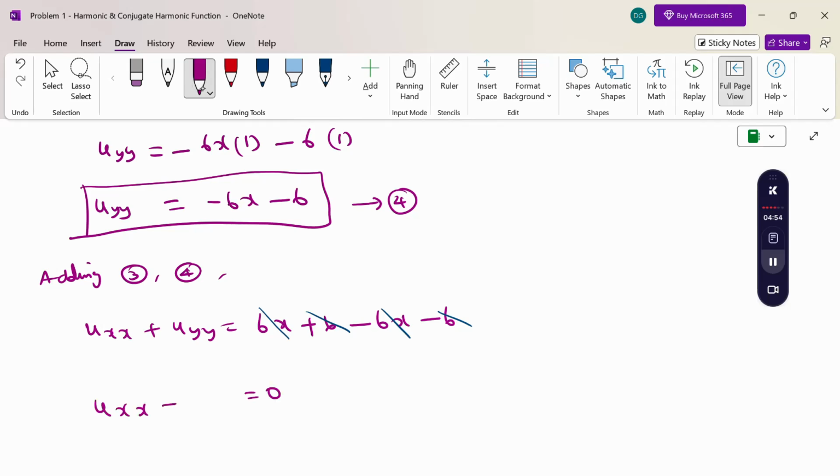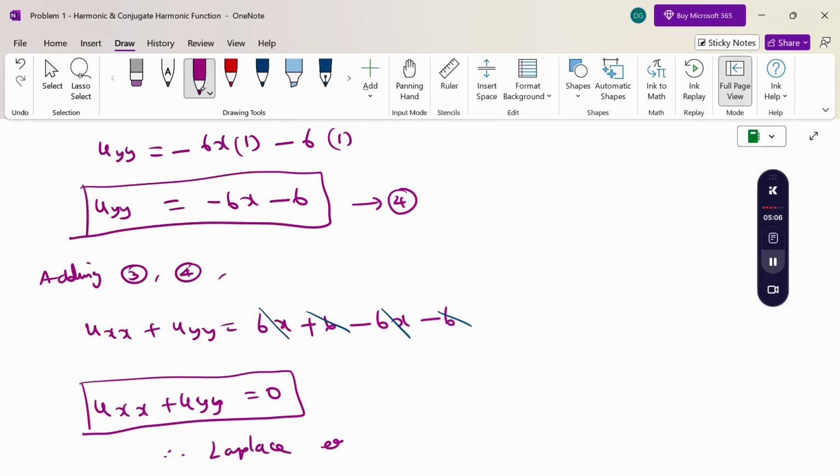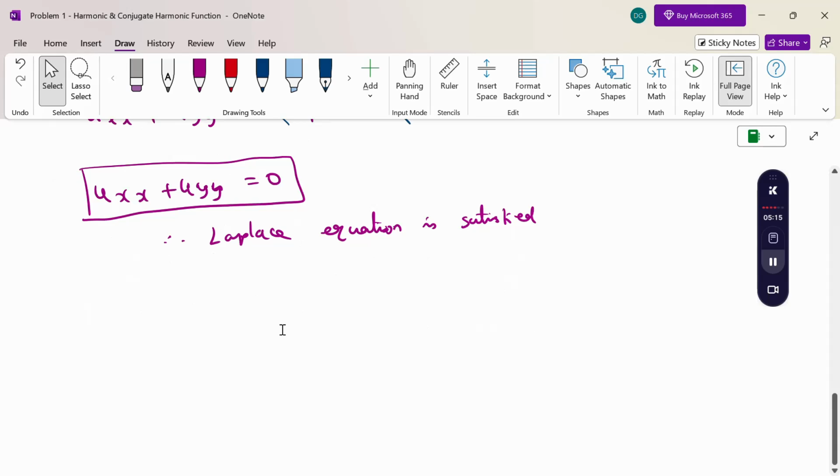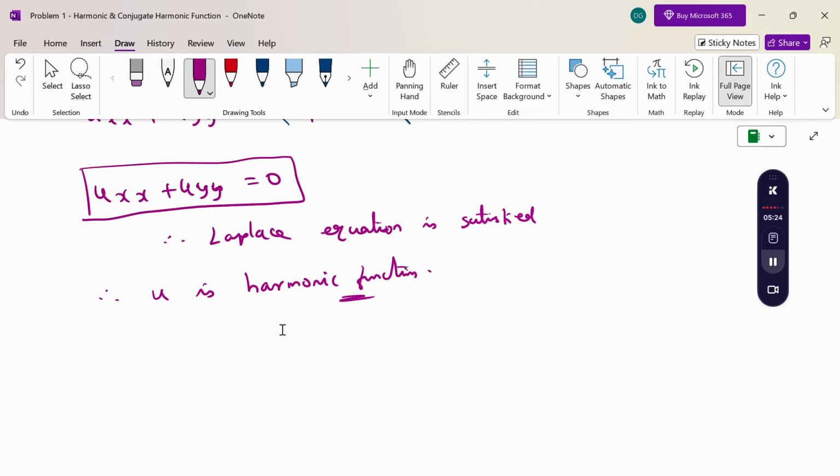Therefore, uxx plus uyy equals 0. Therefore, the Laplace equation is satisfied. If the given function satisfies this Laplace equation, then u is a harmonic function. So hence proved, u is harmonic. The first one is over.